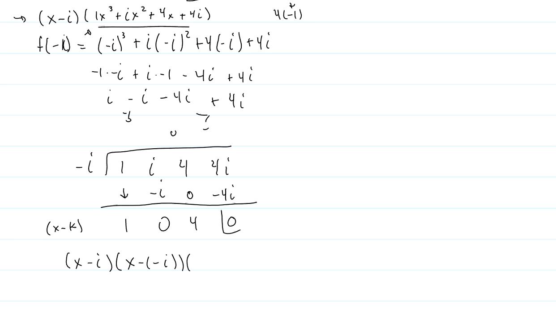And we write down this with 1 degree lower. So it's going to be 1x squared plus 0x plus 4. Now rewrite this: x minus i, x plus i, and x squared plus 4.